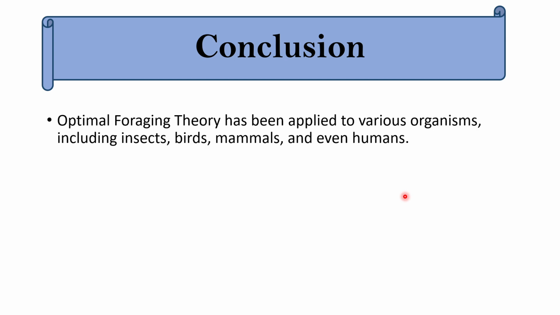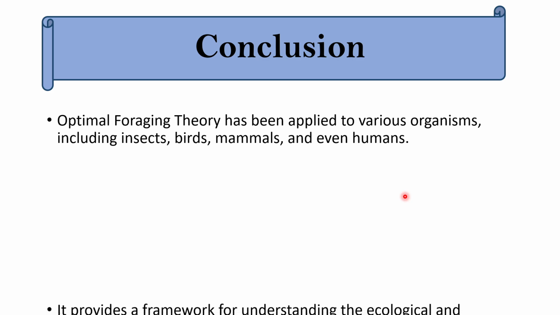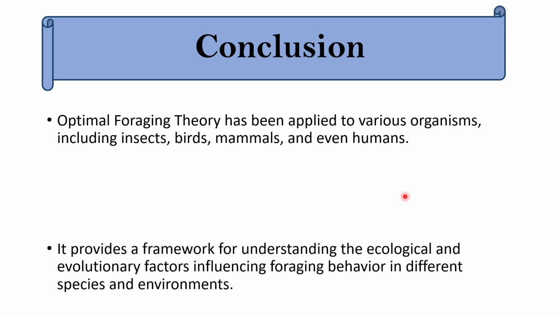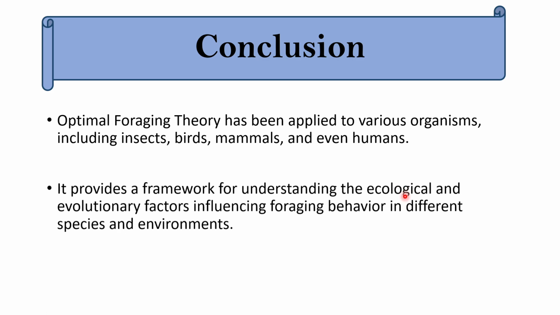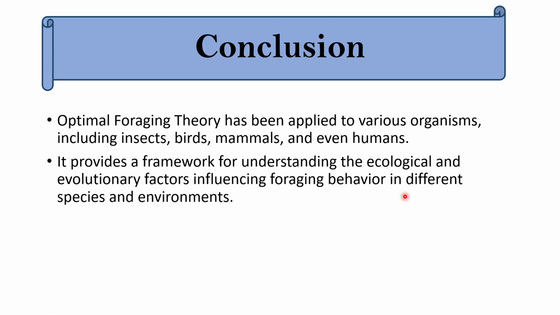In any animals, even in humans, you can see this theory being applied, including insects, birds, and mammals. It gives a framework to understand the ecological and evolutionary factors influencing foraging behavior in different species, different environments, and different conditions.